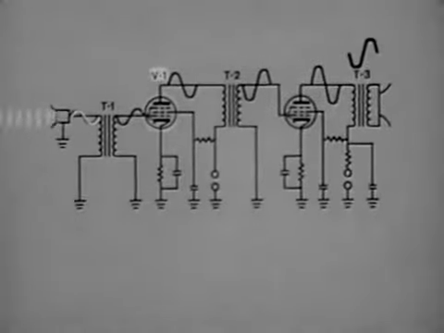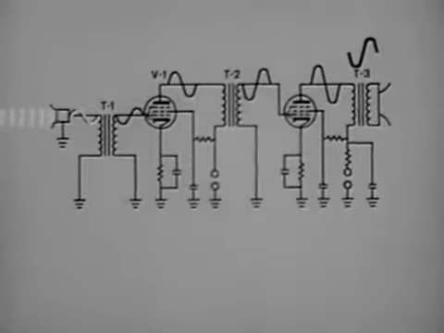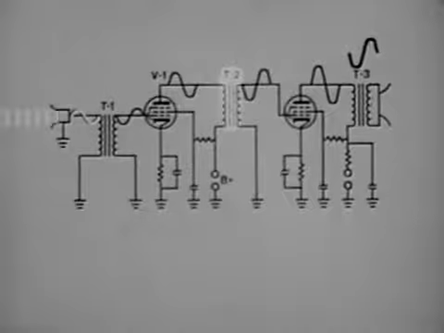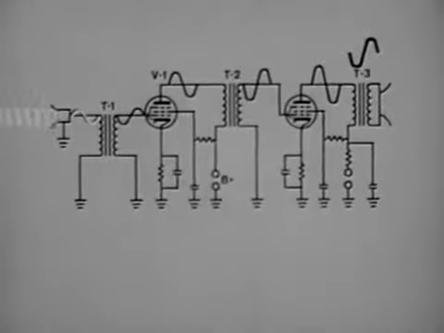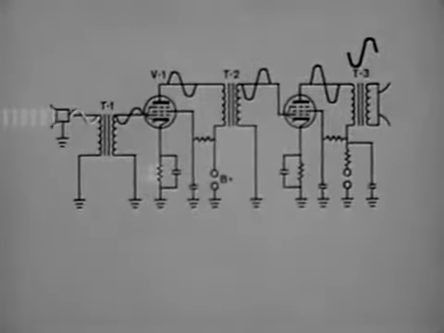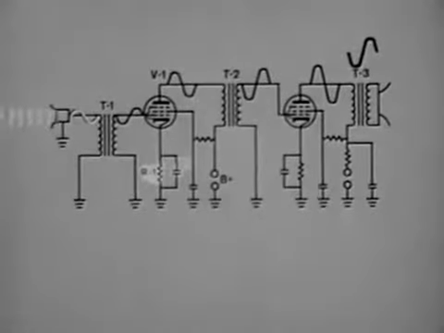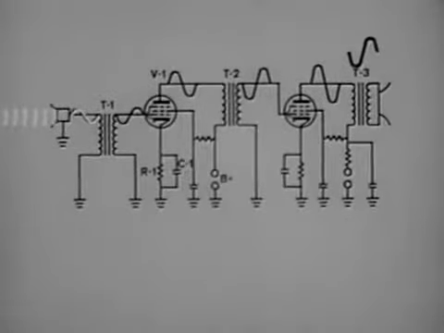V1 is a standard pentode tube, with the plate voltage being applied from the B+ supply through transformer T2. The bias for the tube is developed by the cathode resistor R1 and held constant by the bypass capacitor C1.